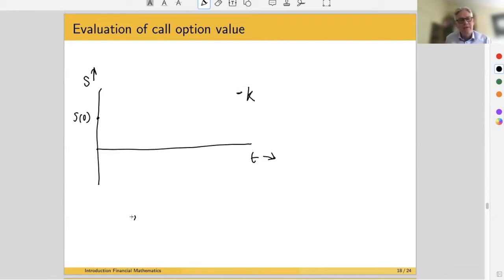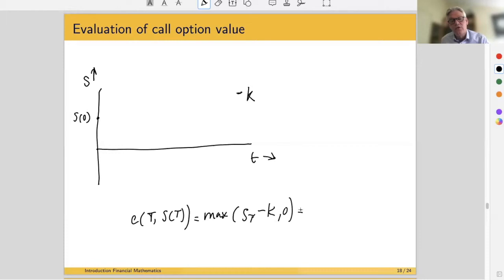And remember that we had the call at final time. So at final time, we said the call is the maximum of ST minus K and 0. And we also write that as (ST minus K) plus.